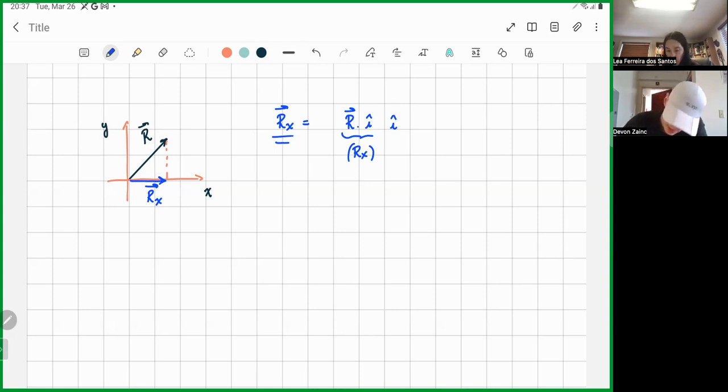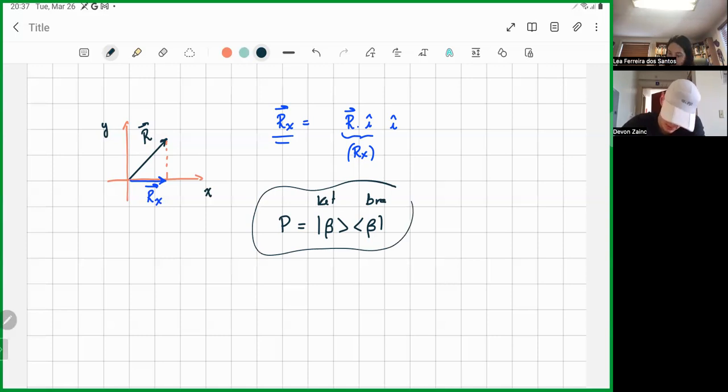Sounds too trivial, but I'm doing that just to introduce to you what we call the projection operator. And so for the projection operator, we use this notation, ket beta bra beta. Now this is the bra and this is the ket. So what is this notation telling us?